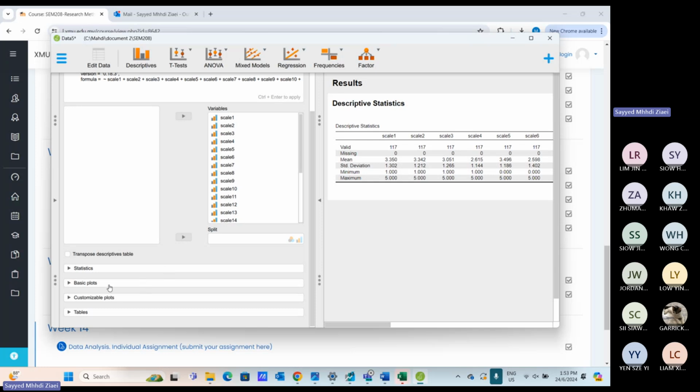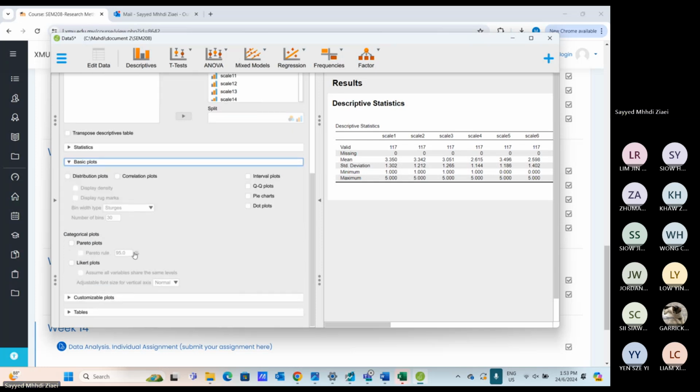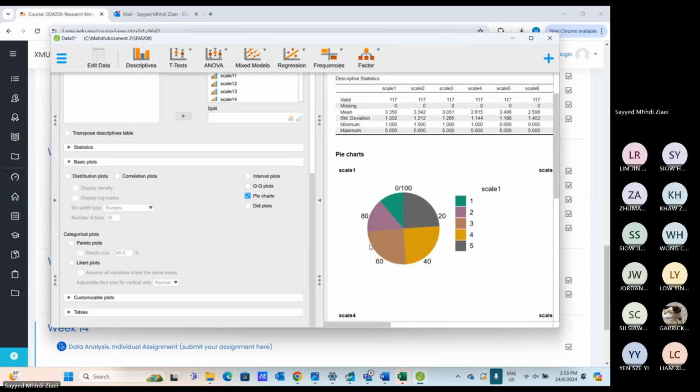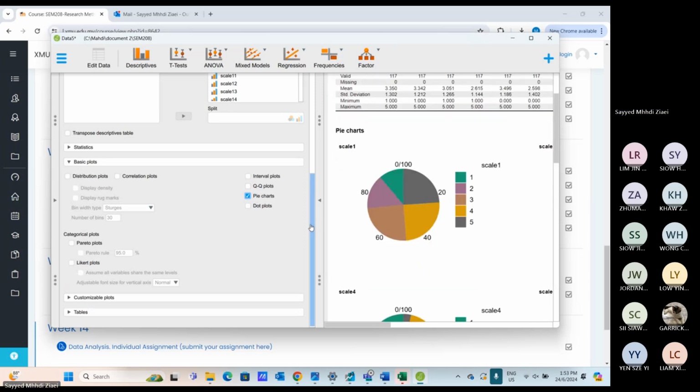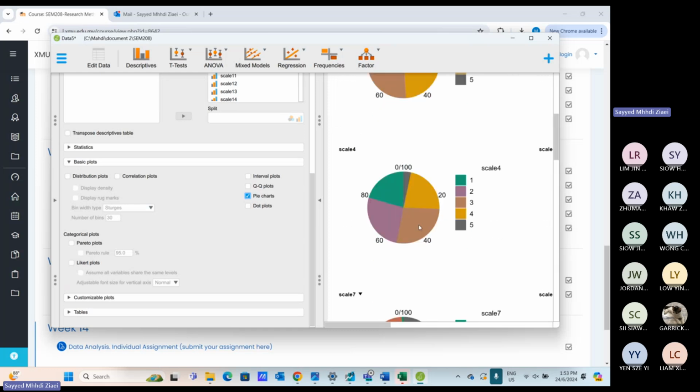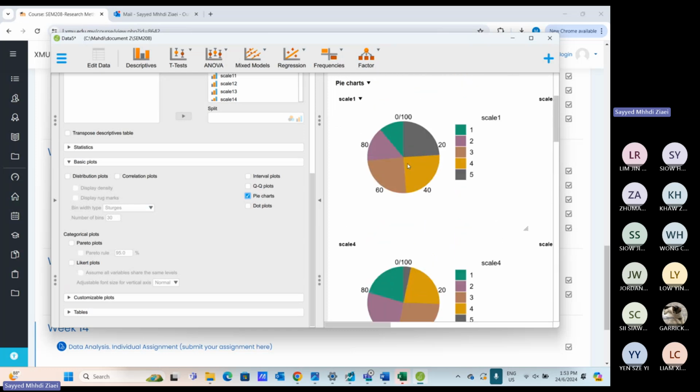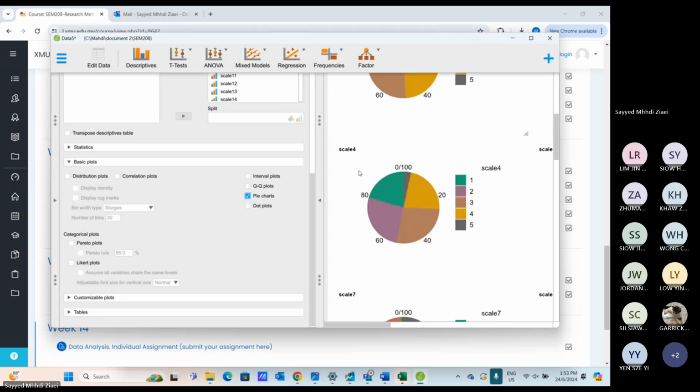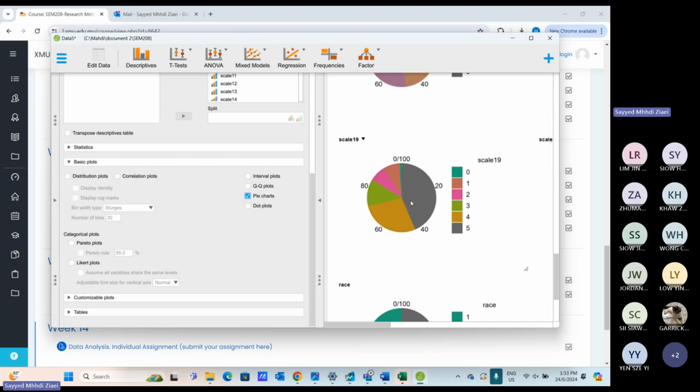We have mean, standard deviations, minimum, maximum. Again, you can draw the basic plot based on each scale that you have. It's good for your questionnaire. For example, if you have 20 questions, you can find a pie chart of each question.